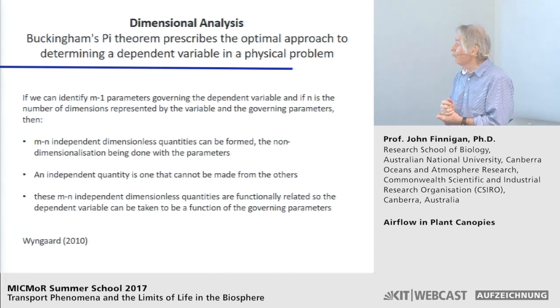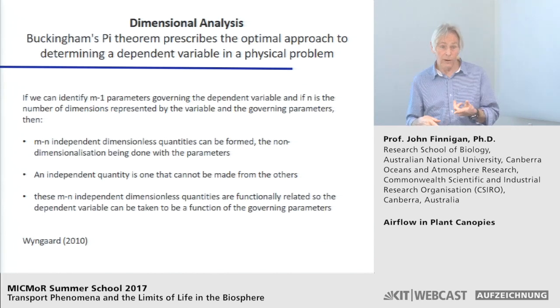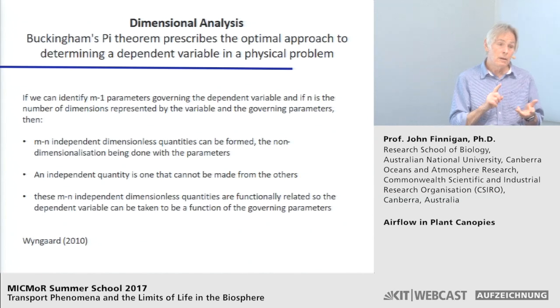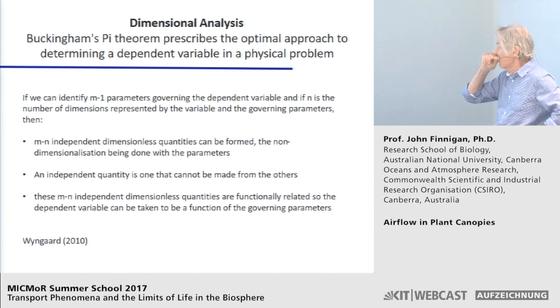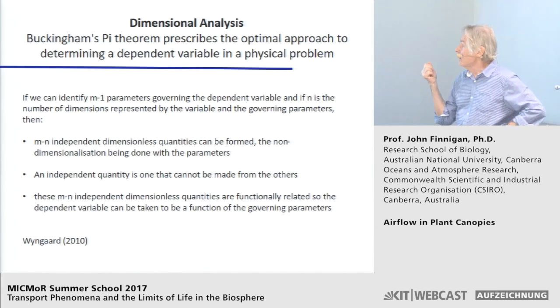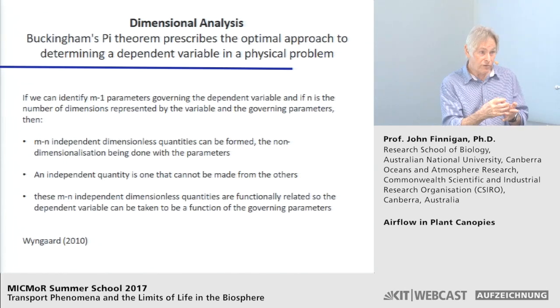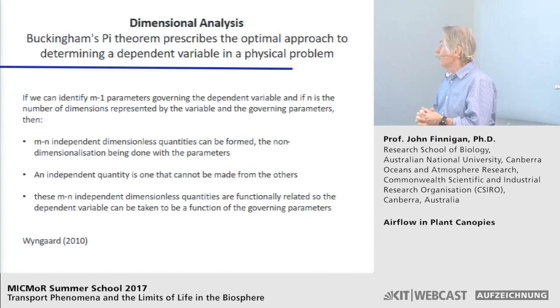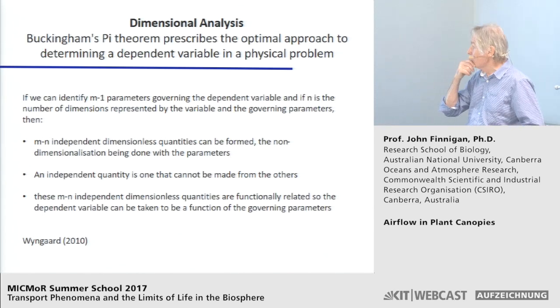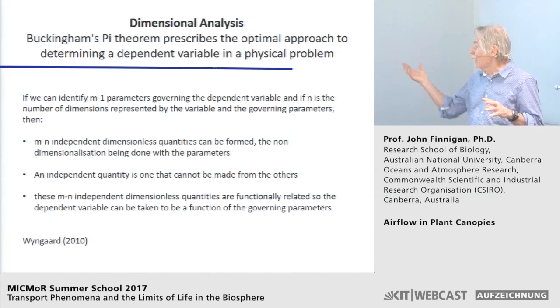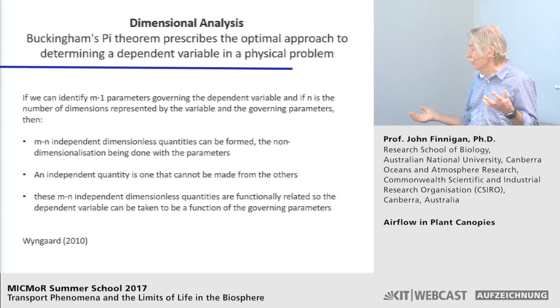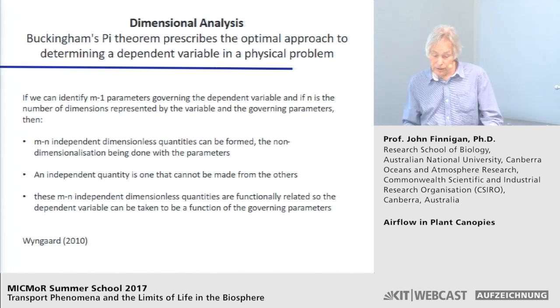And if you've got n dimensions represented by the variable and its parameters, it might be length, time, temperature, and so on, then you can say three things. There'll be m-n independent dimensionless quantities you can make, and the non-dimensionalization is done with the parameters. An independent quantity is one that can't be made from the others, and these quantities will be functionally related.